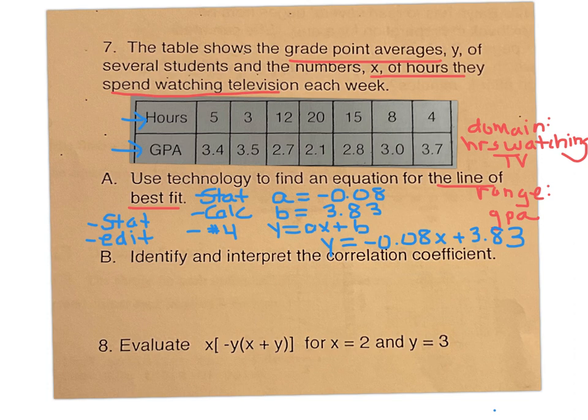But then it says identify and interpret the correlation coefficient. So if you move down in that same screen, you'll see that R is equal to negative 0.96, which means, because it's negative, that's negative.